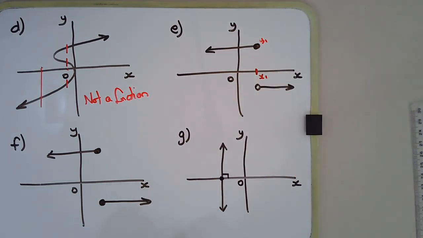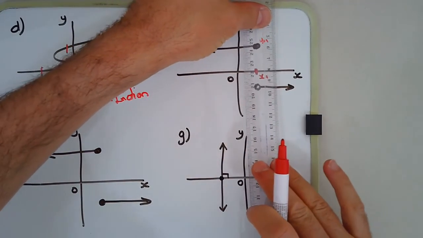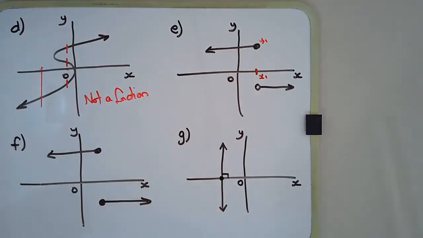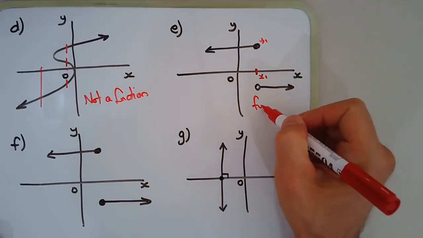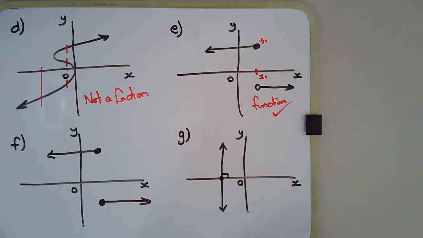The y value can't be that value there. And of course, moving the ruler further along, everyone's happy. All right. This is a function. Okay, so we're okay with that one as well.